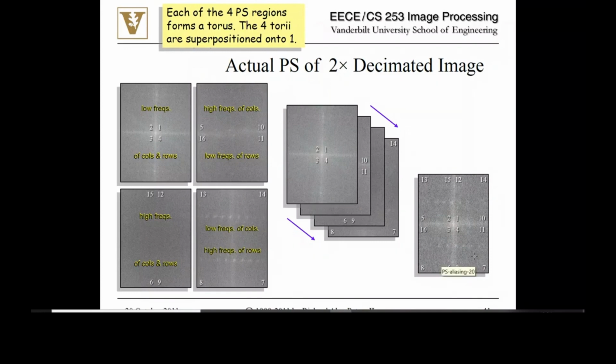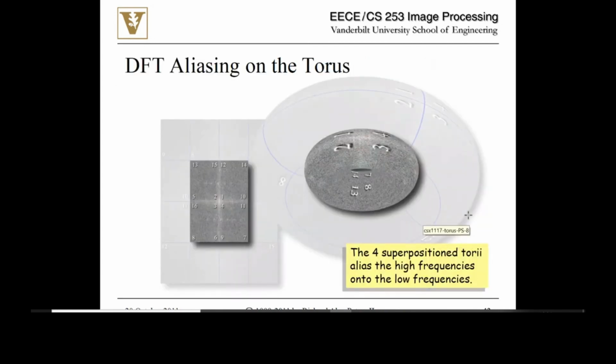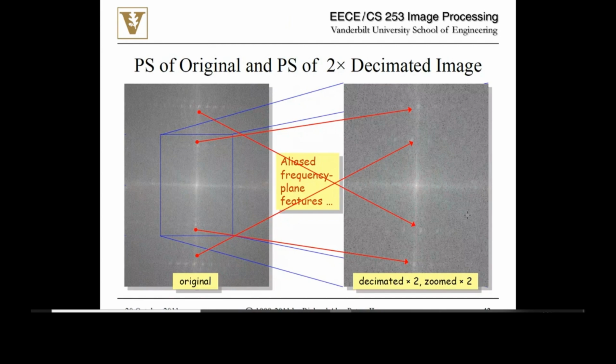So which are the areas that are overlapping? Here you have the contribution. In this quadrant, you have the contribution from 11, from 1, and then 10, 14, and 12, and so on. Okay, good. And then the same with the torus.